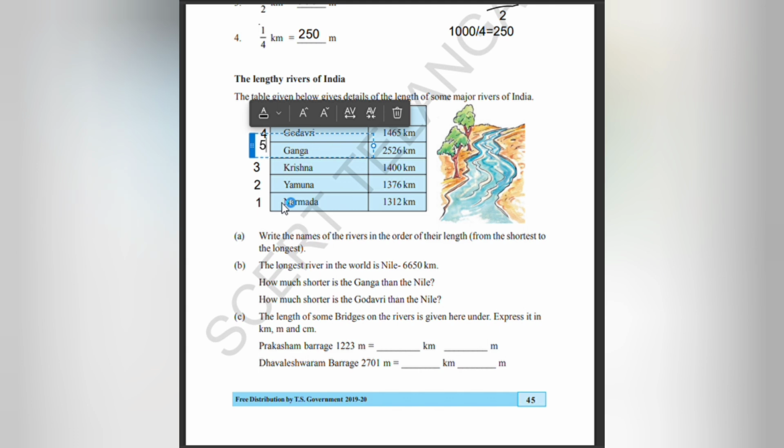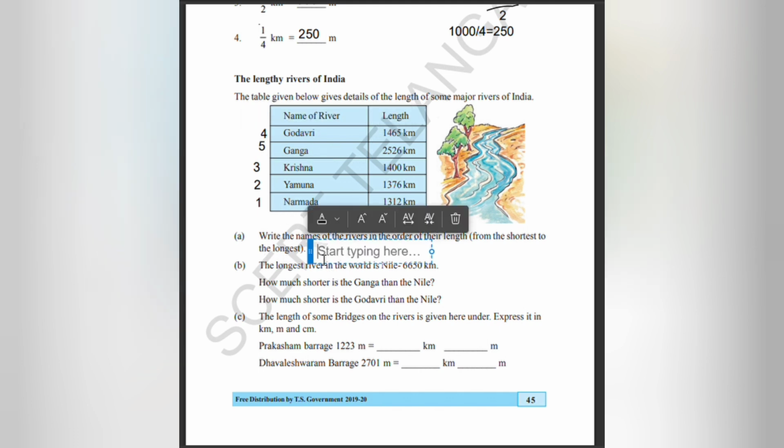And here it is 5. So we can write here Narmada, comma. Then second one, Yamuna, comma. Then third one, Krishna, comma. Then fourth one, Godavari, comma. Then it is Ganga.